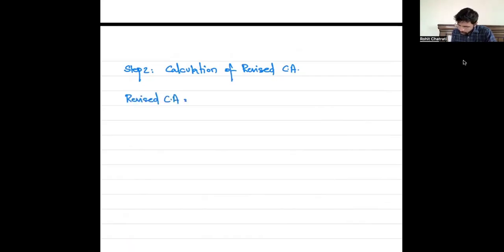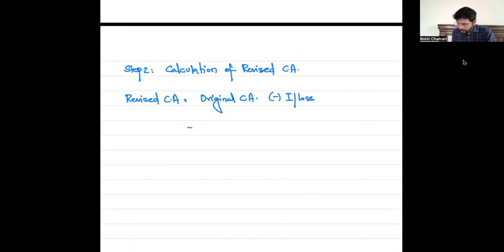So step number two will be calculation of revised carrying amount. After you charge impairment loss, what is the revised carrying amount going to be? The revised carrying amount will be the original carrying amount before charging impairment loss less the impairment loss that we recognized.